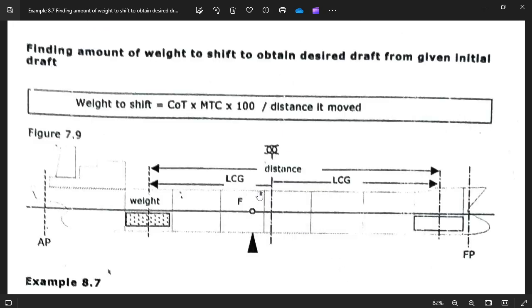Meaning from amidship going to the weight, center of the weight is 38.63. And you shift the weight forward about 26.57, let's say around here, so that when he reaches this point, he will be even keel. Okay? That is what the problem says.